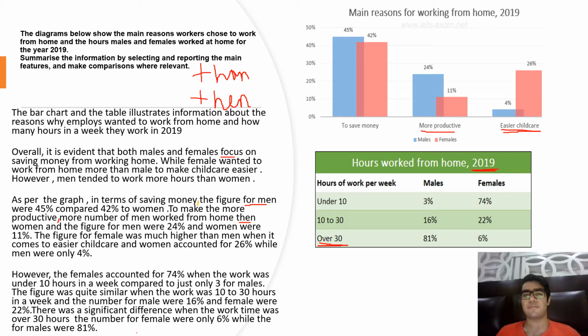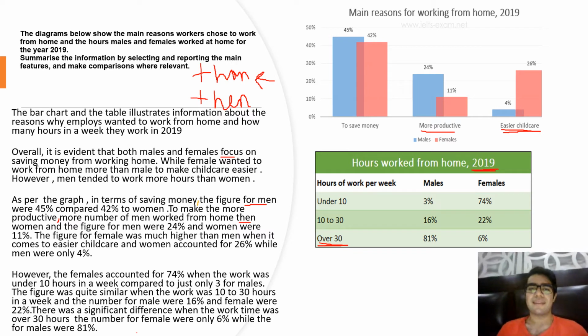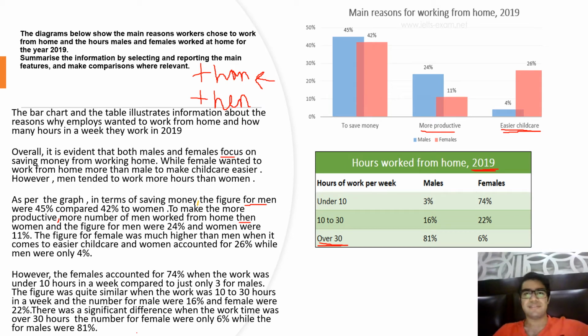So in this case, you should use this one, THAN. The difference between them is that THAN is used when you're comparing something. So, for example, Jack is taller than Michael, or he's a better person than Joe. So THAN is used when you're comparing something. So one is bigger, one is lesser. So you're comparing them and use THAN.